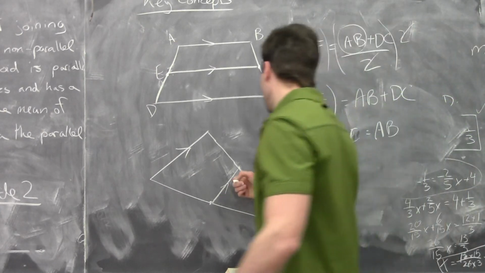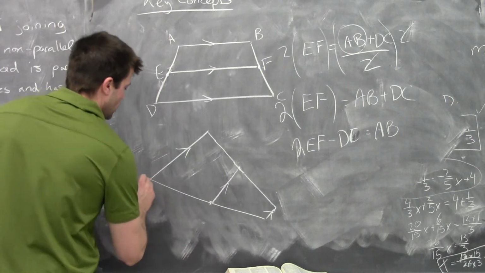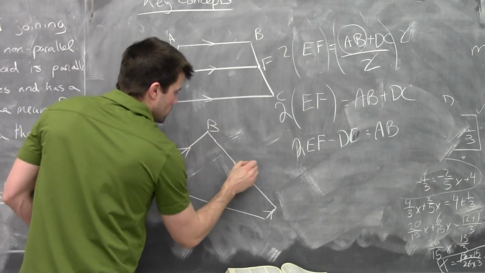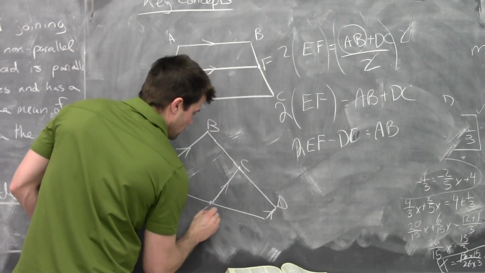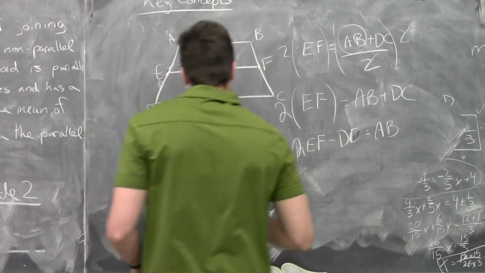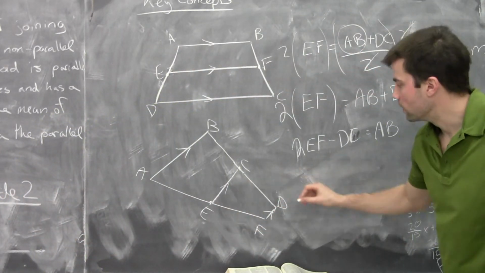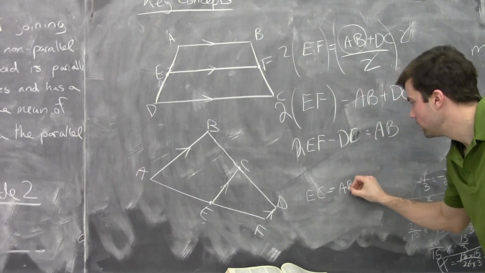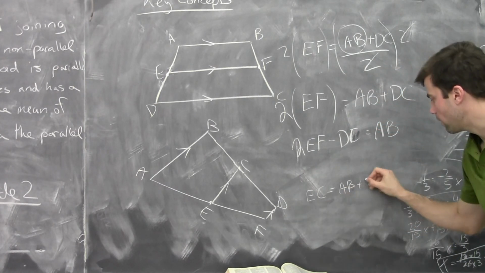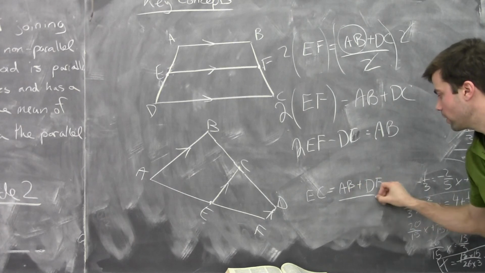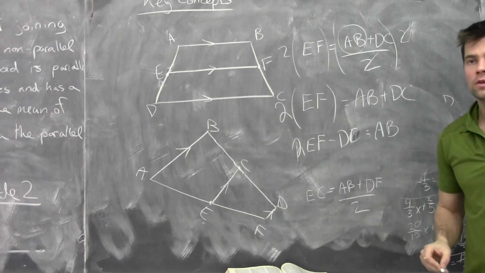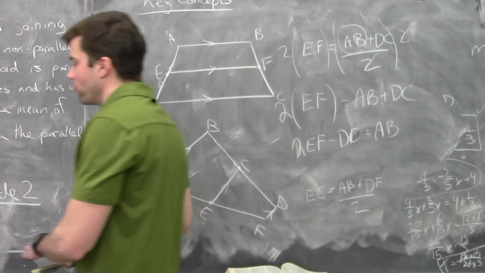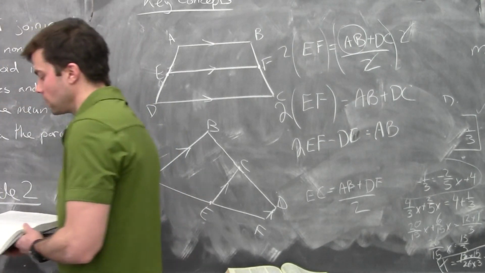So again, the same idea here, if we label these A, B, C, D, E, F, a little bit different labeling, the length of the line EC is equal to AB plus DF divided by 2. That's the concept you want to know.